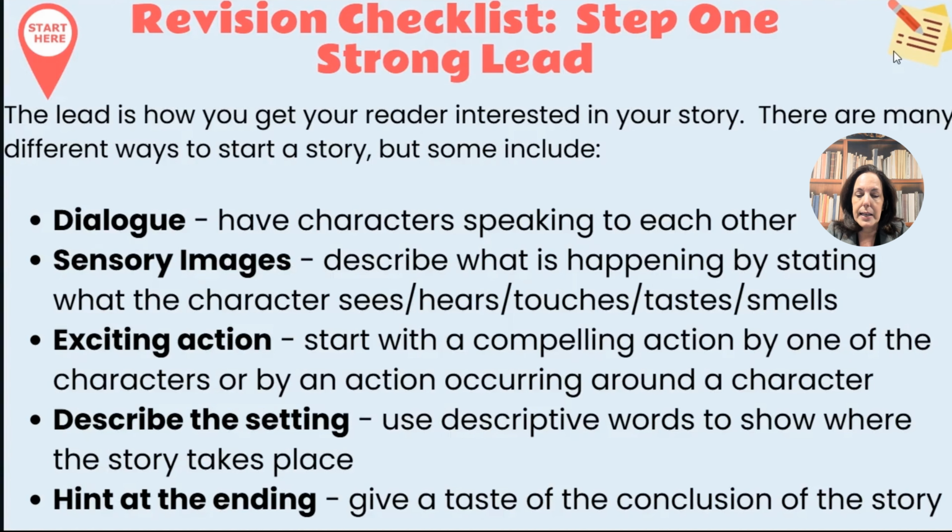Start with a compelling action by one of the characters or by an action occurring around a character. You could describe the setting, where you use descriptive words to show where the story is taking place. Last idea, you can give a hint at the ending, where you give a taste of the conclusion of the story.